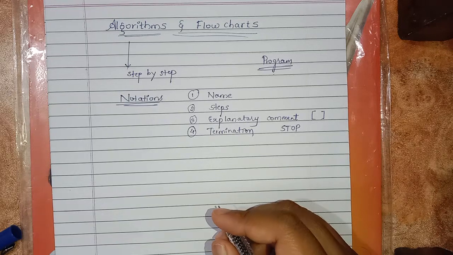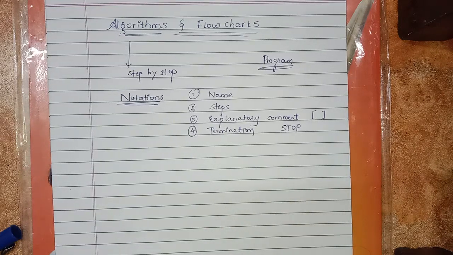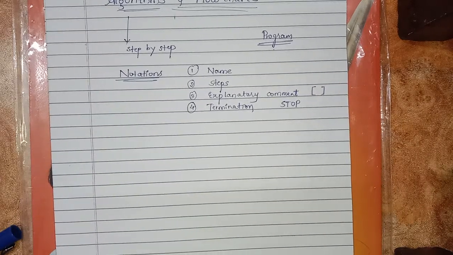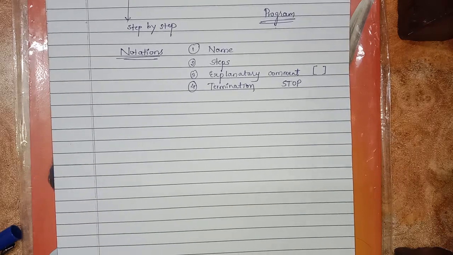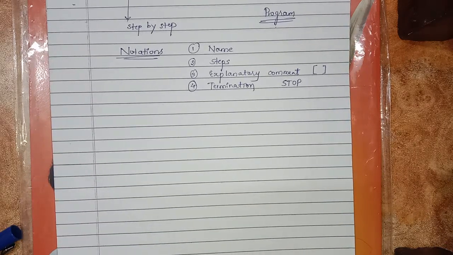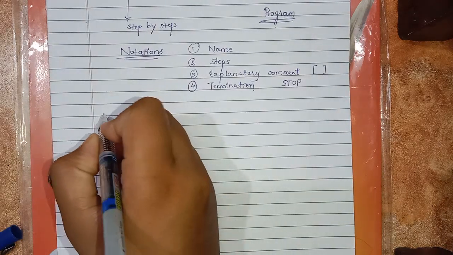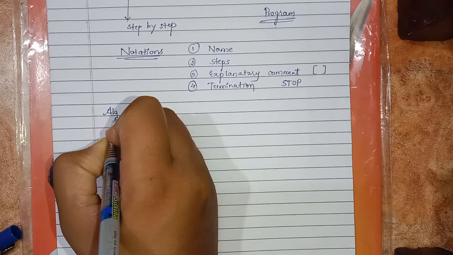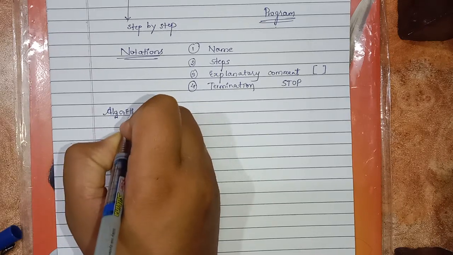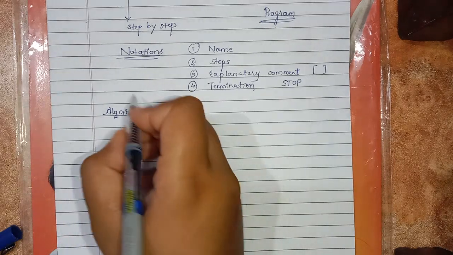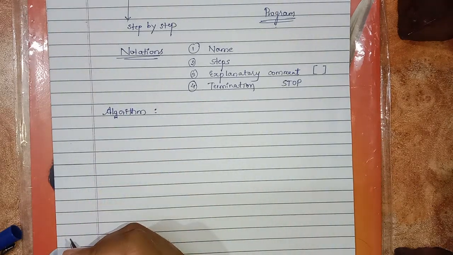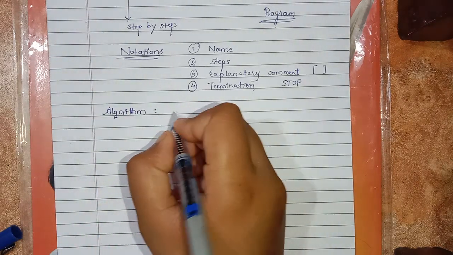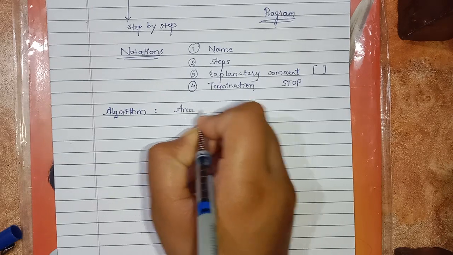So these are the ways we have to follow to write the algorithm. Okay na? So directly we'll go on learning how to write the algorithm by considering some examples. So let's consider the first example. Algorithm: area of a circle. What is the name of the algorithm?